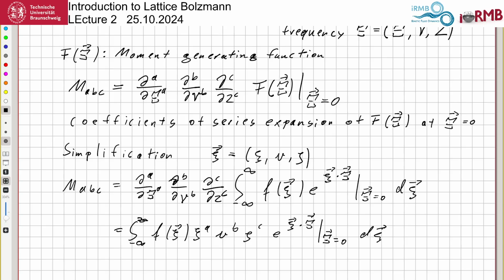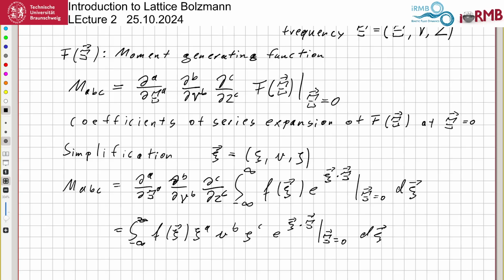So the only place where the xi still appears is in this exponent. And now you know that it is supposed to be evaluated at frequency 0. So you put 0 into the exponent, and then you see that this will come out as 1.